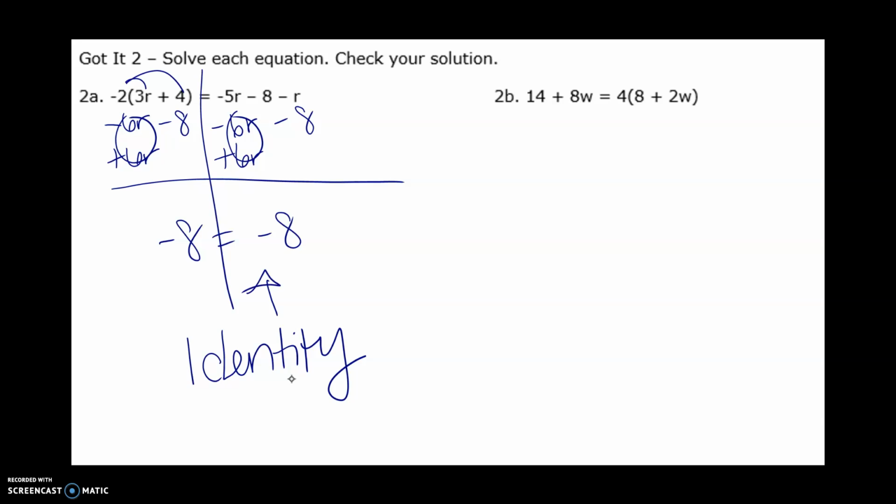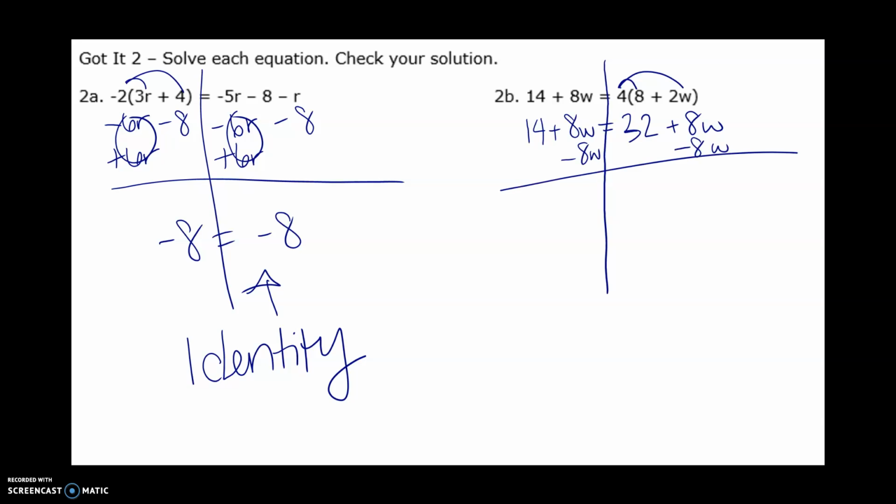Now, when I go over to 12b, we'll start with our distributive property. 14 plus 8w, 32 plus 8w. Okay, so here, you might notice when I subtract the 8w from both sides, I get 14 equals 32.